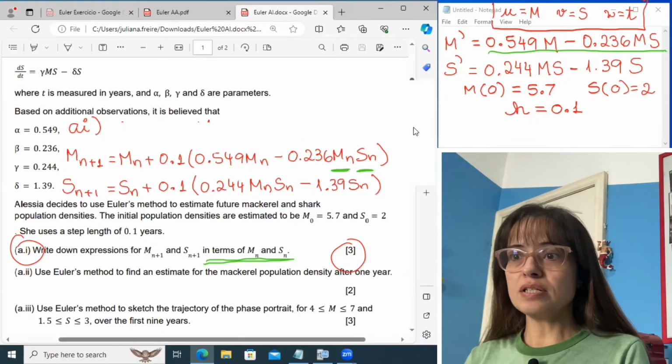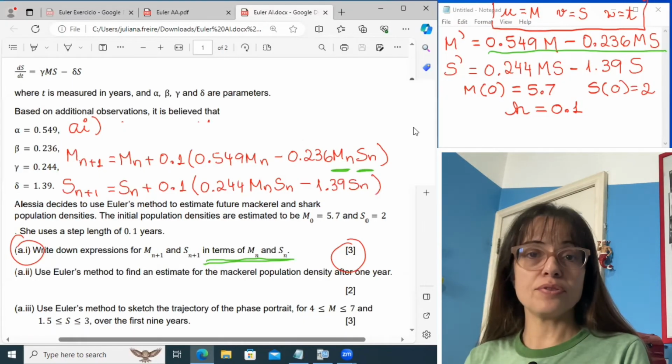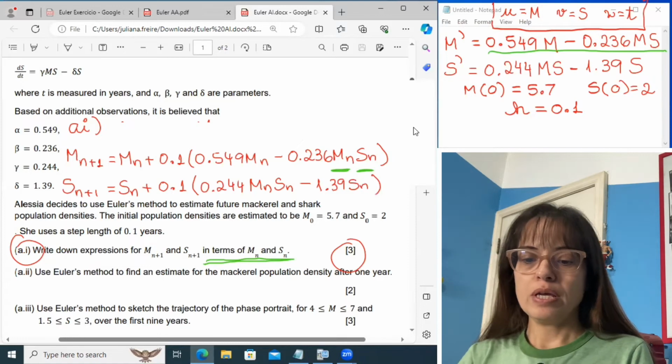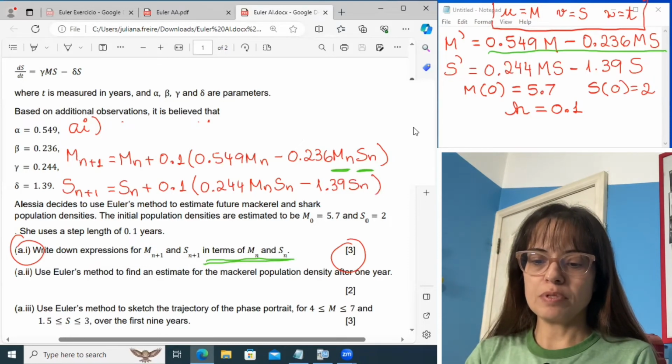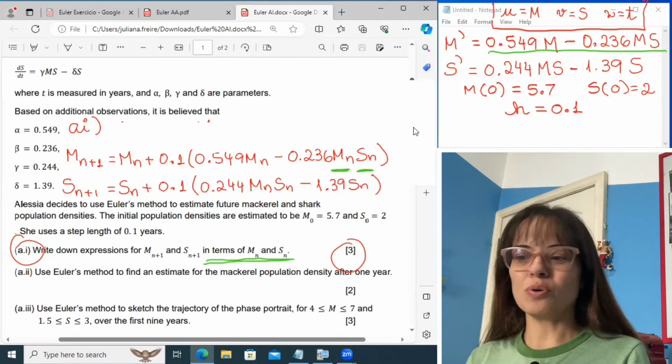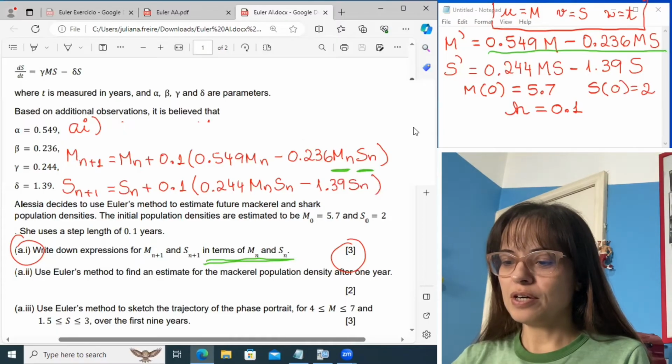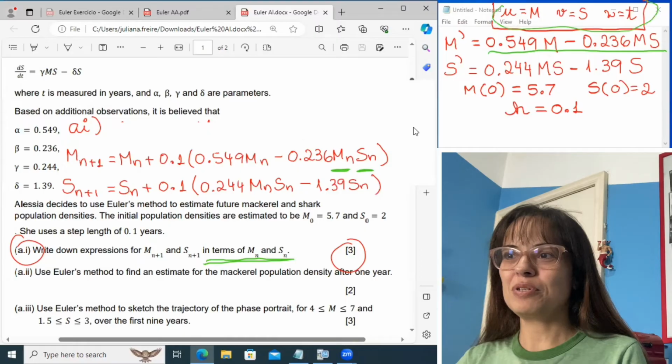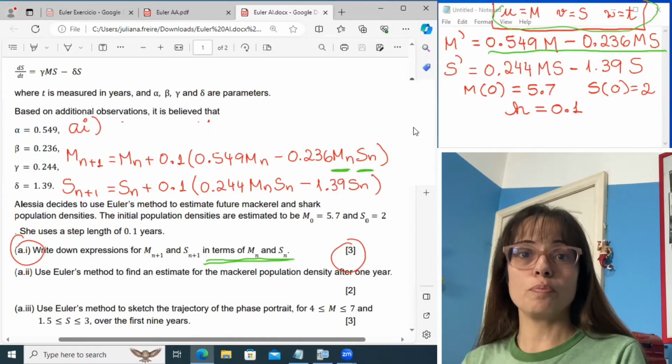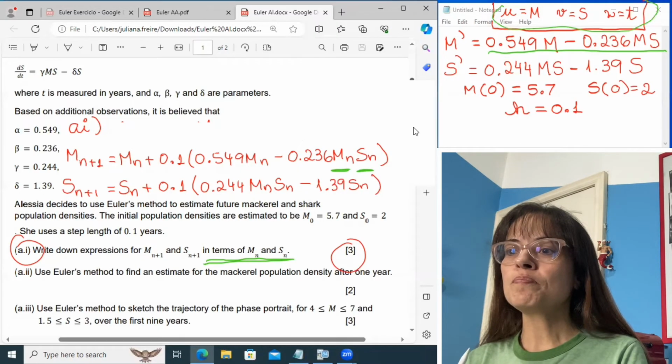And those sentences are exactly the things that we are going to type in the calculator, except that in the calculator, those things are not called M and S. U is M, V is S, and W is T, like I wrote in the top right corner here of the screen.